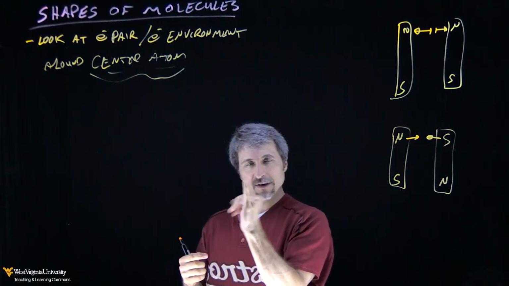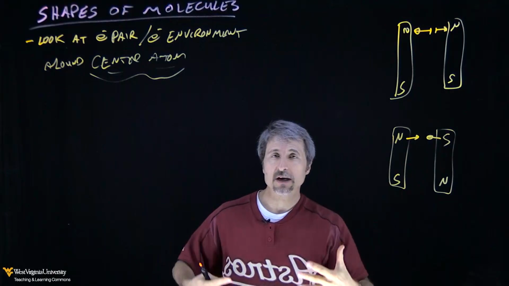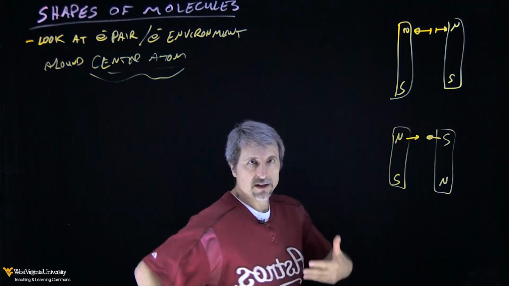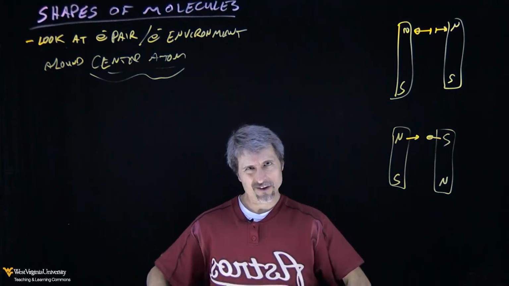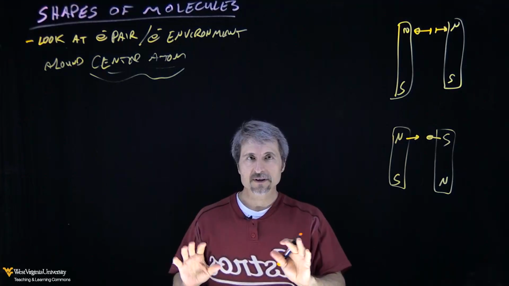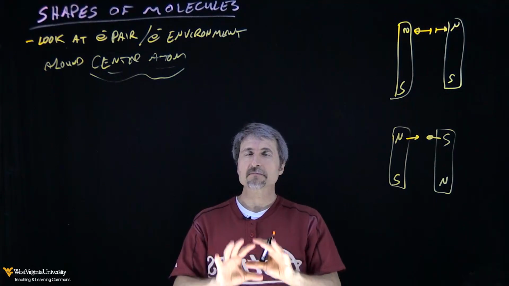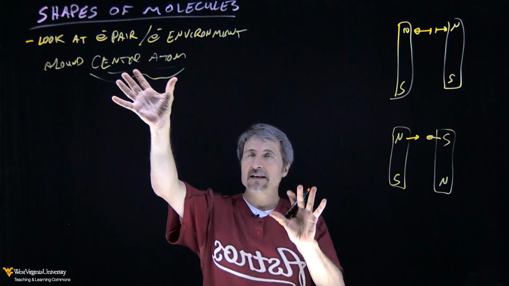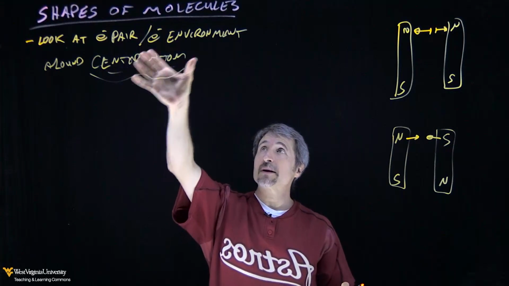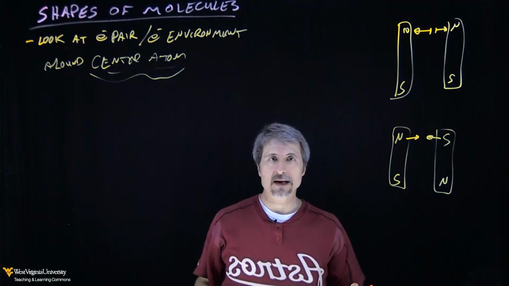Most pinkies look about the same, but when you talk about somebody's shape, you look at the middle of their body, their torso. And it's the same thing with molecules. The shape of a molecule is about its center atom.